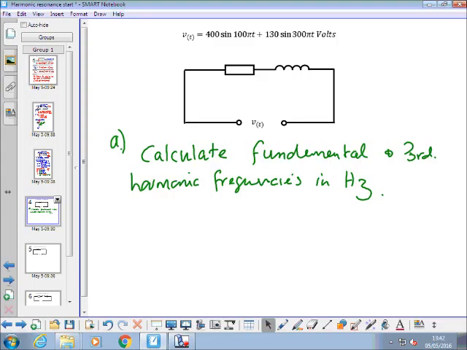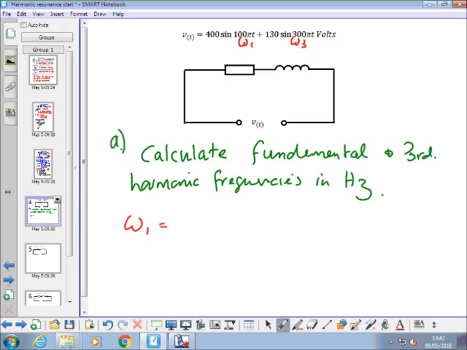What form is our frequency in? Radians per second, it's in what form? Omega form. So we've got omega 1 and omega 3.